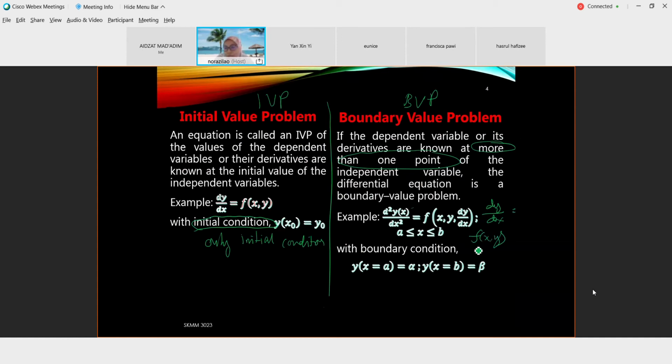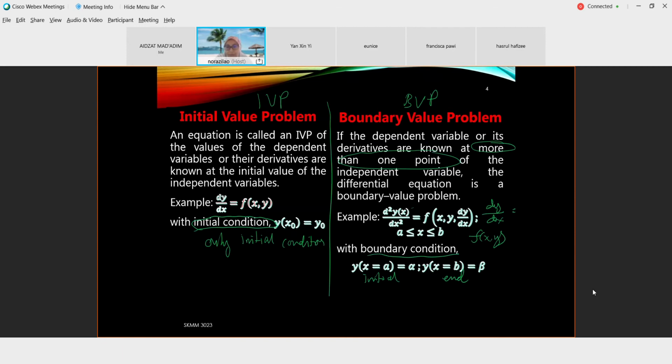Either first order or second order can be identified as a boundary value problem if the derivative is known at more than 1 point of the independent variable. With boundary conditions, first is given the initial one, the second is the end condition, which we call the boundary condition. So 2 or more conditions, that is a boundary value problem.